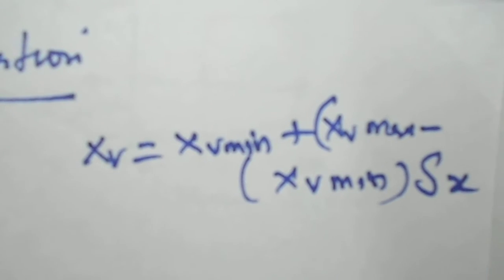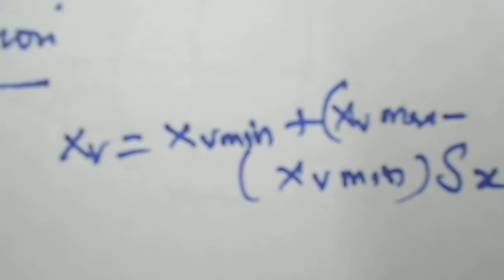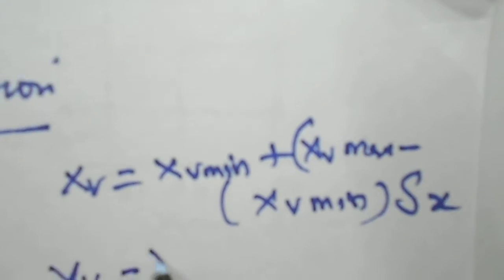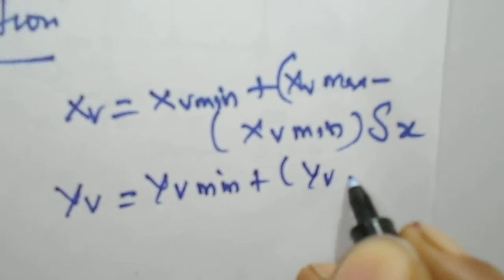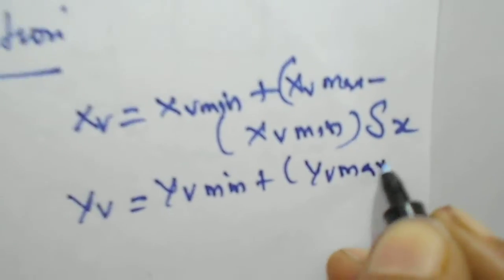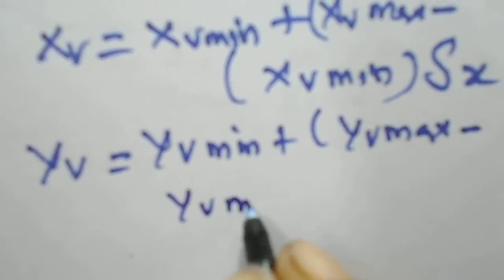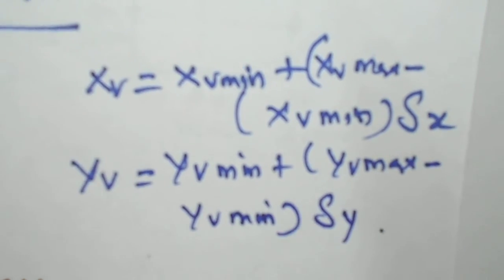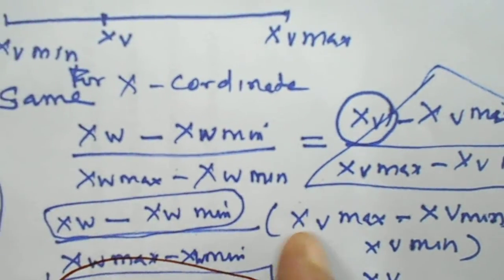So directly we can bring the value as it is; the same procedure we are going to follow for yv also. So directly we can write the value: yv minimum plus yv max minus yv minimum, into the scaling factor with respect to y. If you find any difficulty, repeat the same steps with respect to the y coordinate also.